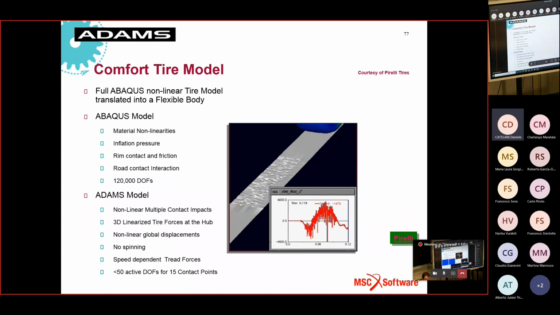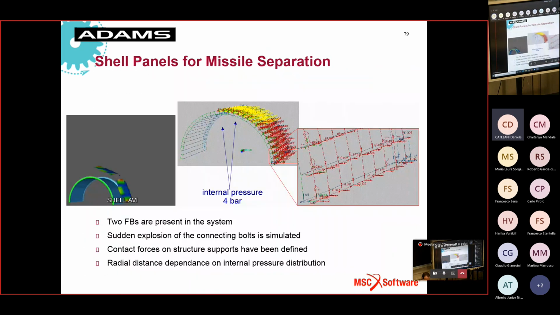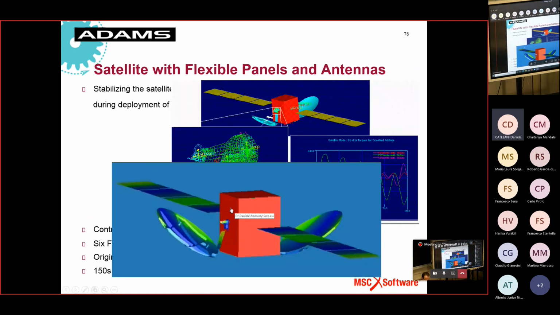I want to show you an interesting example. For example, like this, we have our satellite. In our satellite, our solar panels and parabola are made with flexible bodies. During the deployment of this solar panel, the flexible body can vibrate, can oscillate because you have deformation, you have structural effect.